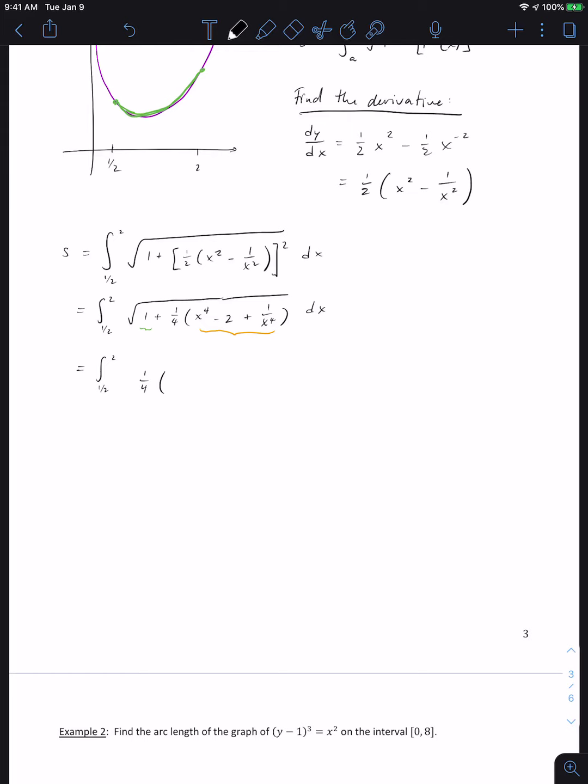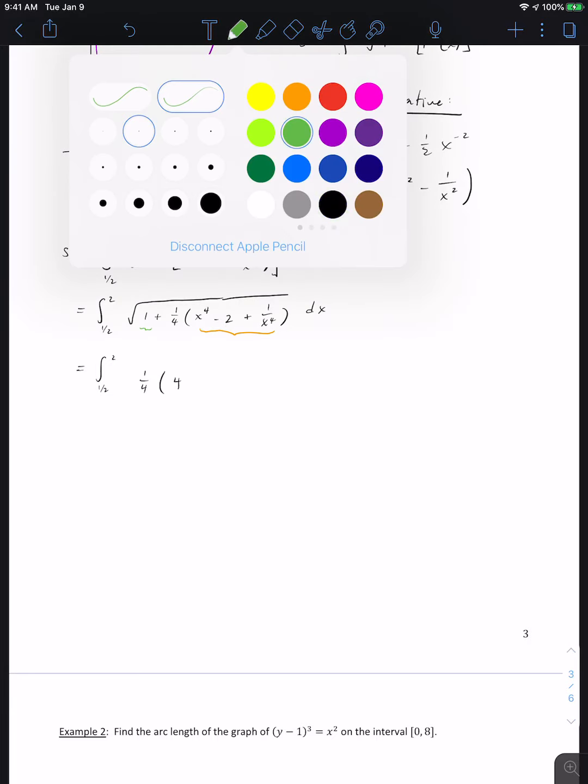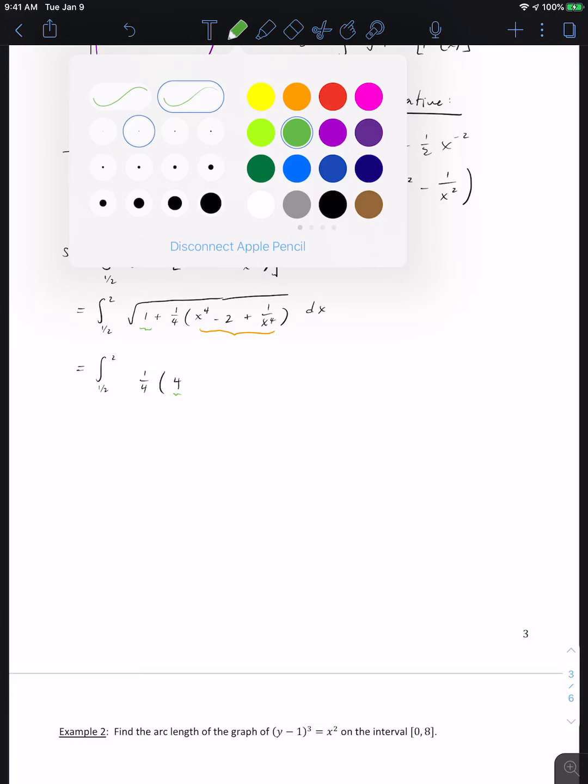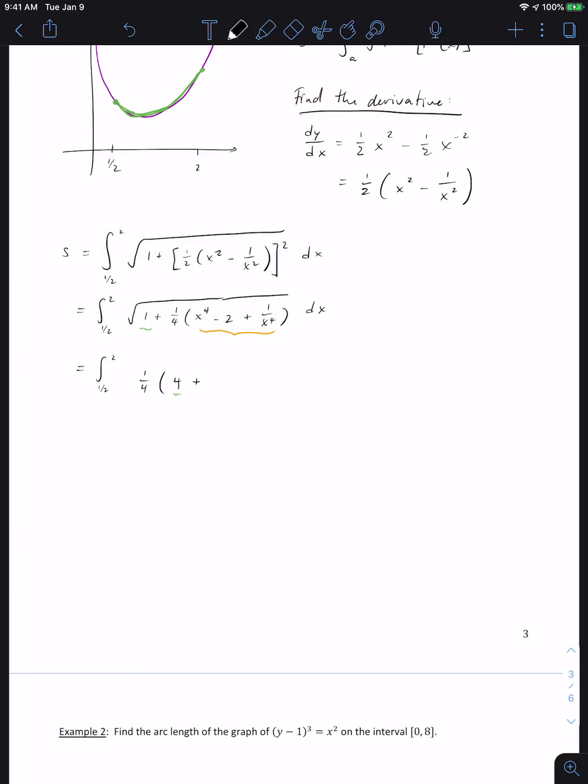What do I multiply times 1/4 to get 1? I multiply by 4. So the green comes from factoring out a 1/4 from 1, and then plus, if I factored out a 1/4, I'd be left with just the part in orange: x to the 4th minus 2 plus 1 over x to the 4th.